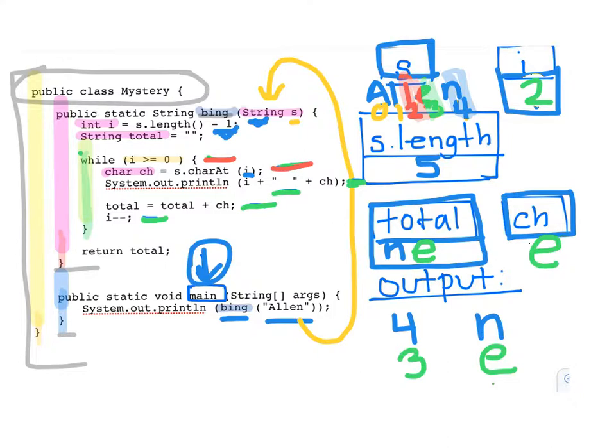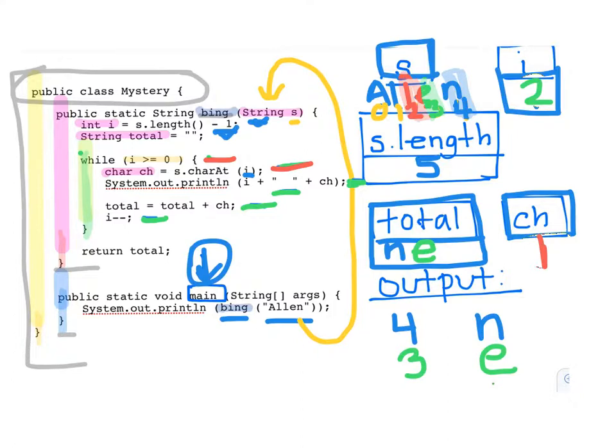Okay, so ch is going to be L instead of E, because E was at, so I'm going to erase here, I'm going to go back and put an L here. So ch is now equal to the letter L because that is the character at the second position in the variable s.